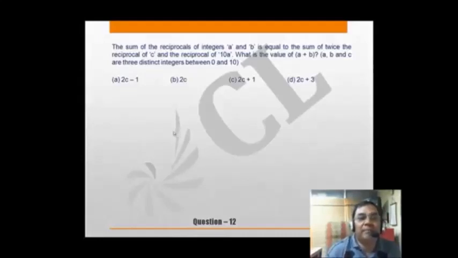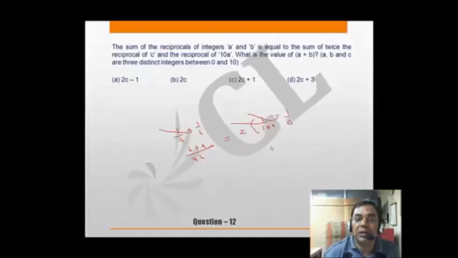So if I make the equation: 1 upon A plus 1 upon B, that means A plus B upon AB, is equal to double, 1 upon 10A plus 1 upon C, which is equal to 10AC, that means C plus 10A, that means B plus A.